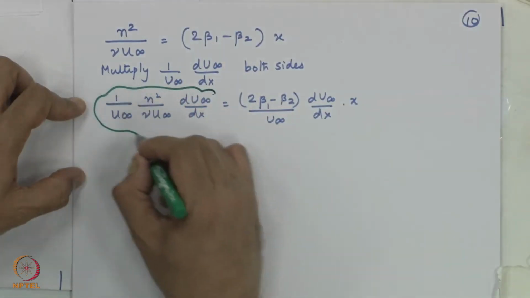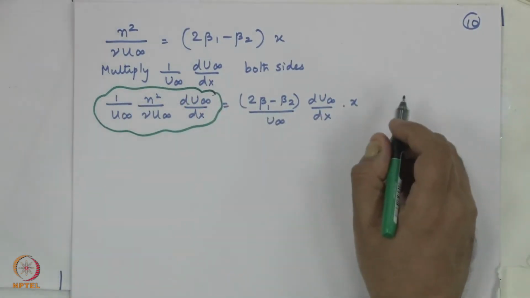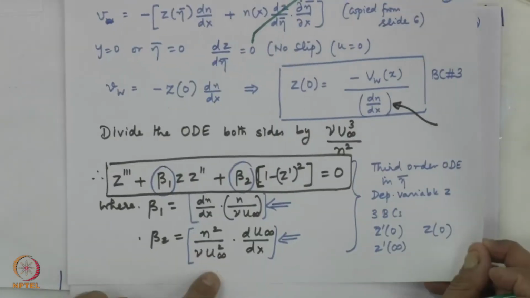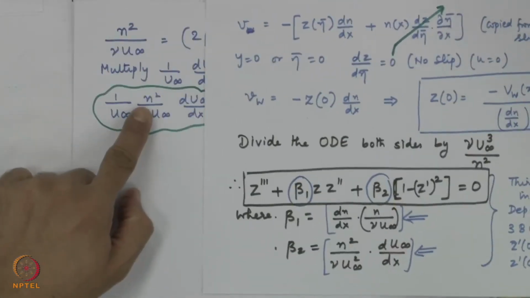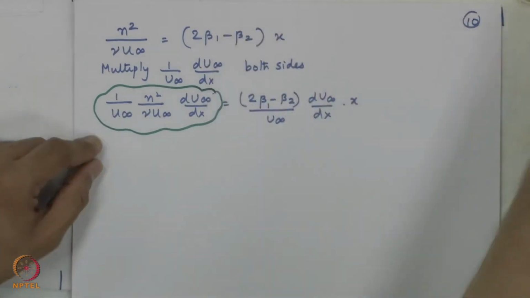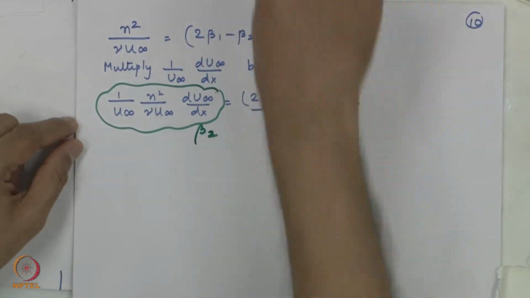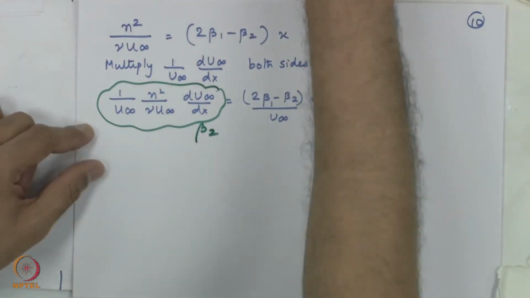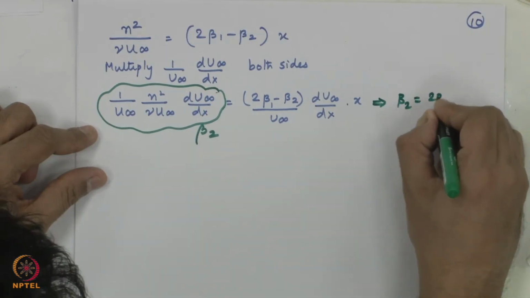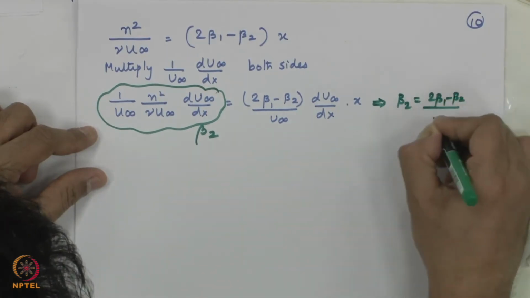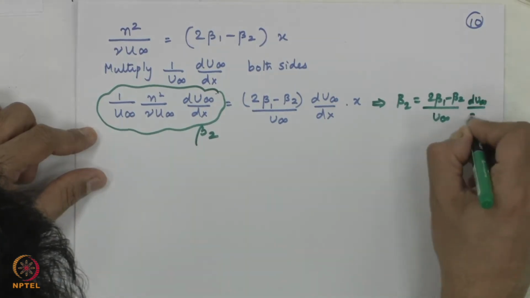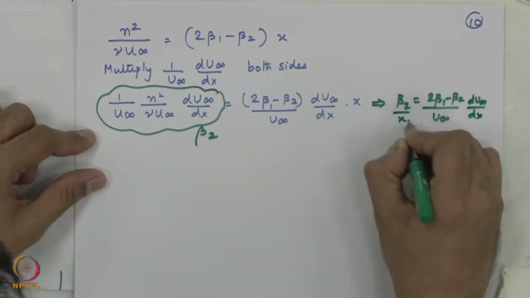This quantity was my definition of beta 2, n squared by nu u infinity squared du infinity by dx. So, this is nothing but beta 2. Therefore, I can write beta 2 is equal to 2 beta 1 minus beta 2 by u infinity du infinity by dx. This is x here.